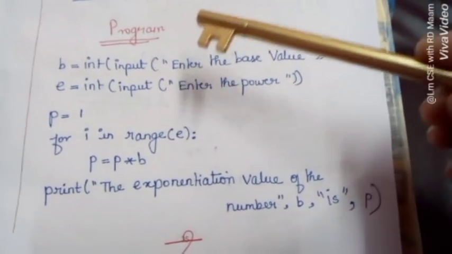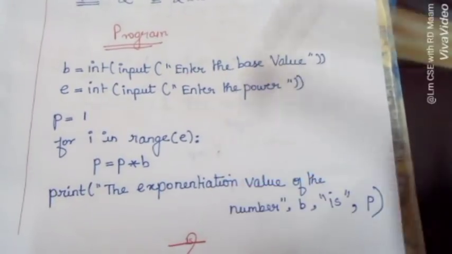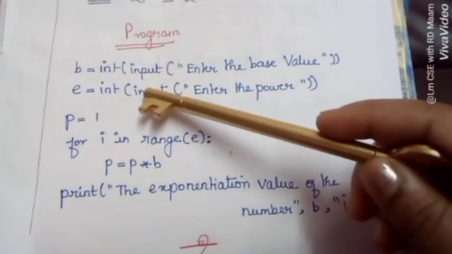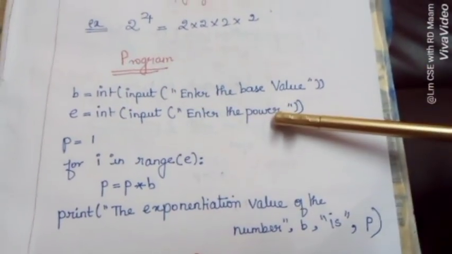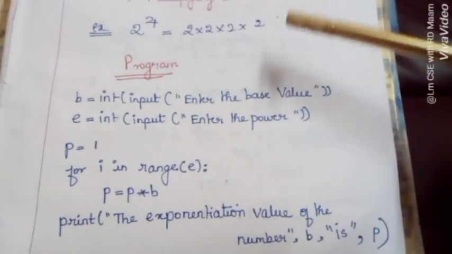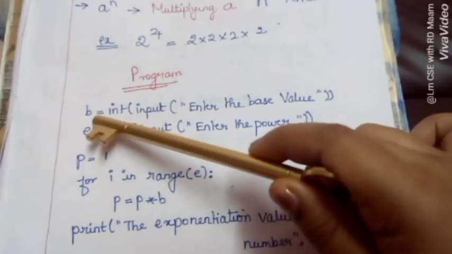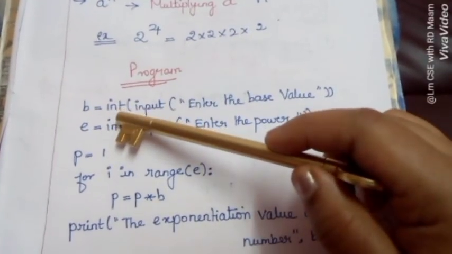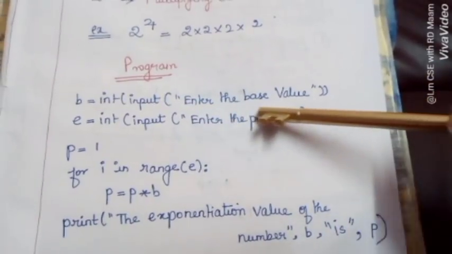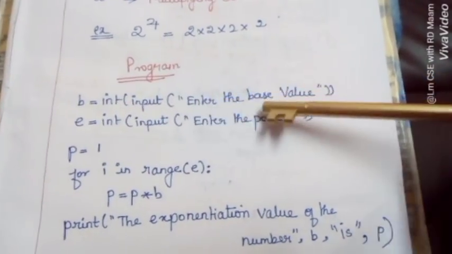So this is a simple program of exponentiation which consists of only 6 lines. Let us see one by one. To find exponentiation of a number, you need to know the base and the exponent, so you have to get these two values from the user. I'm going to print this statement in the console, so I'm giving it within the quotes: "Enter the base value".